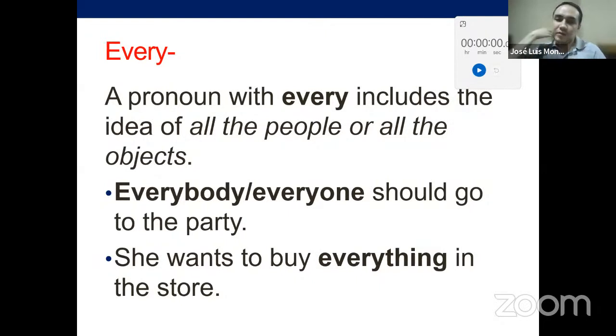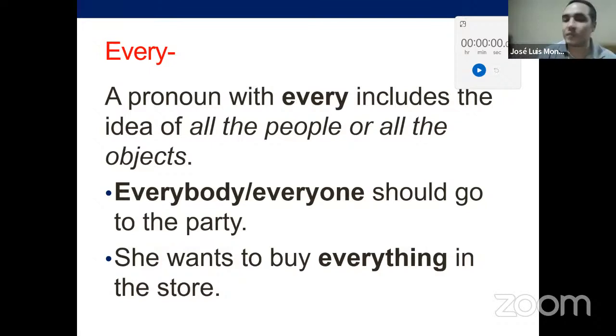Now, every, you know the meaning of every, but just to practice, please, Leandro, I'm going to read the first part and you the examples. A pronoun with every includes the idea of all the people or all the objects. Let's read this one, please. Everybody, everyone should go to the party. She wants to buy everything in the store.